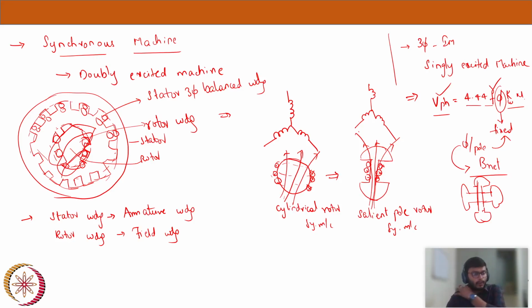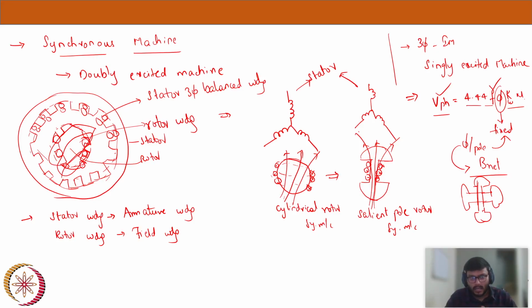Now we know if my stator carries a three-phase balanced current, that we know. So this is the stator here. Now we know whenever a three-phase balanced winding is carrying a three-phase balanced current, a rotating magnetic field will be generated.